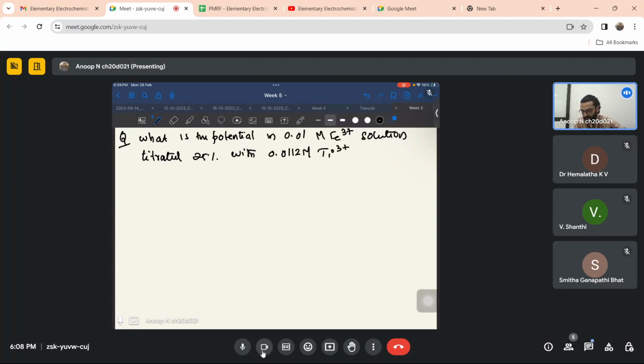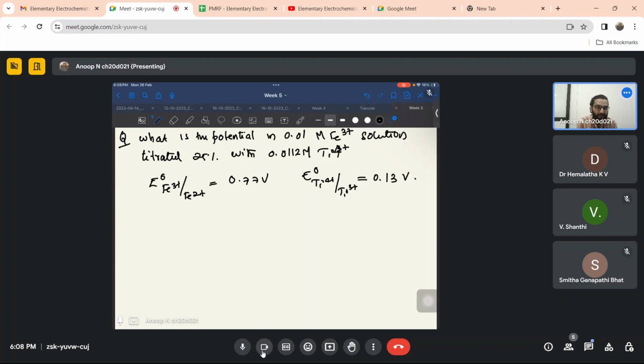Ti3 plus or 4 plus, I don't remember. It was 4 plus, right? Ti4 plus, I guess. Given E0 Fe3 plus/Fe2 plus is equal to 0.77 volt, and E0 Ti4 plus/Ti3 plus is equal to 0.13 volt. How can you solve it?